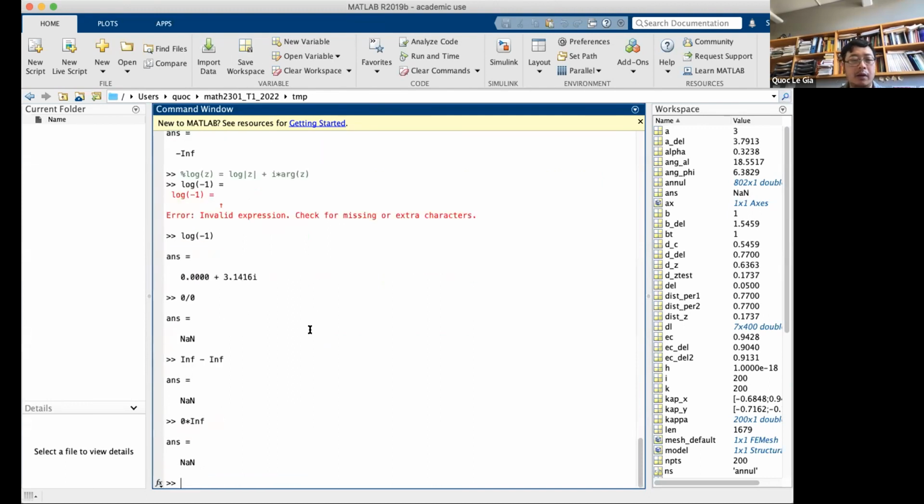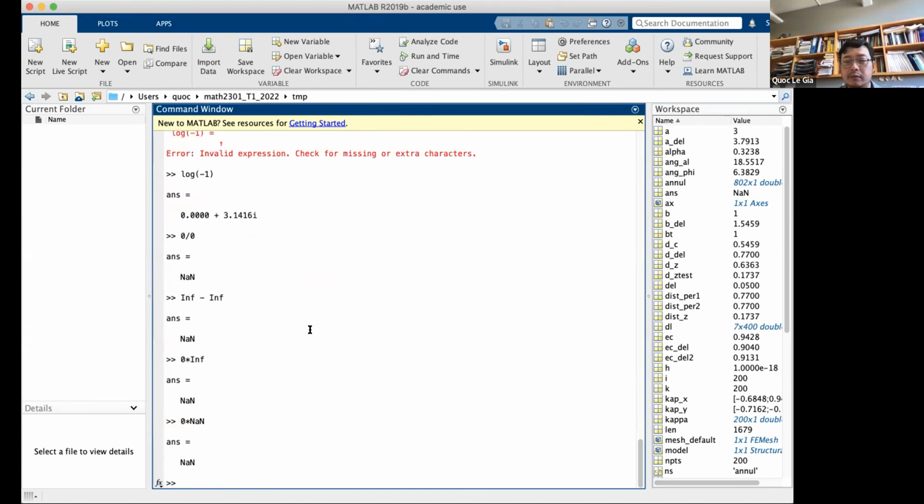Not a number, it's correct. Now what about infinity over infinity? Not a number, because infinity over infinity is indefinite.